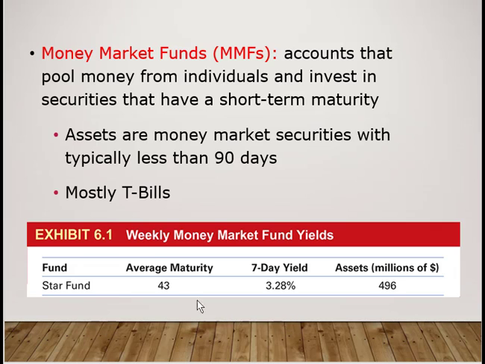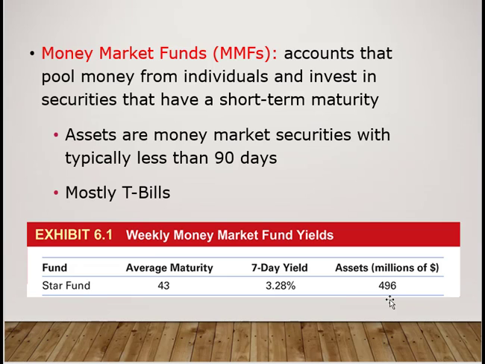Here's an example of the STAR fund. The average maturity in the fund is about 43 days. In this case, the 7-day yield is 3.28%. And they have about $496 million in this particular money market account. So again, this is just another place to put your money. It's essentially a mutual fund of sorts.